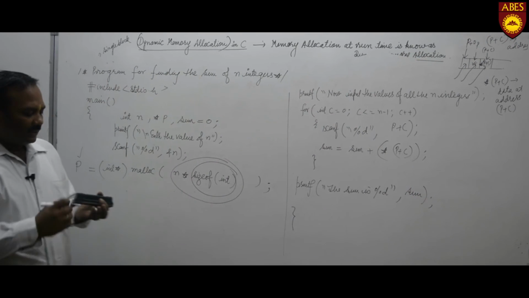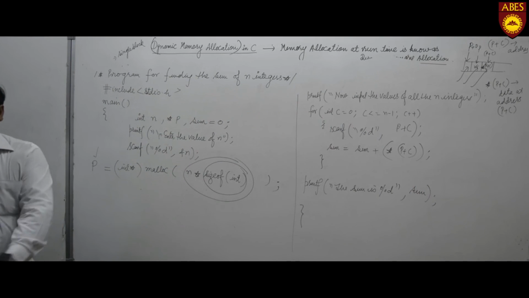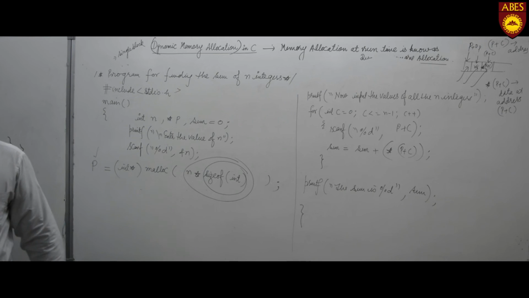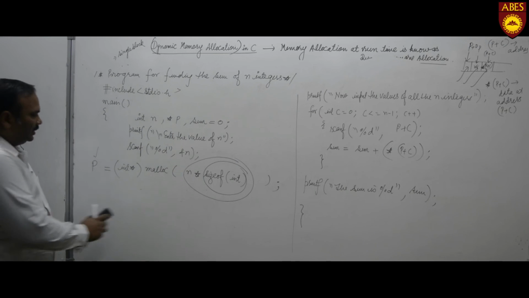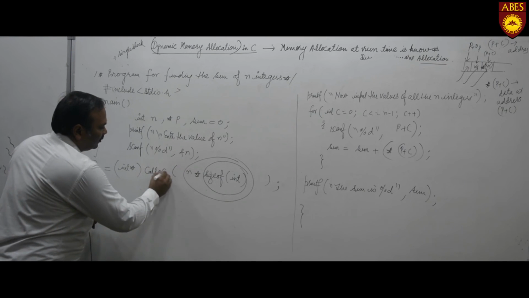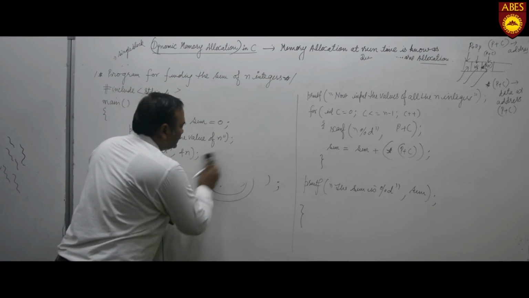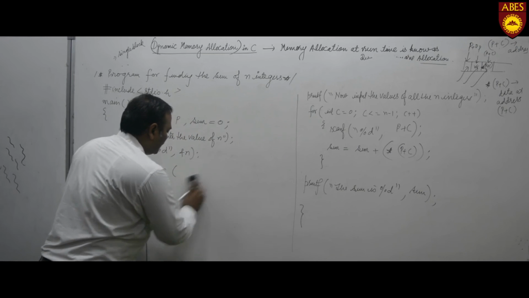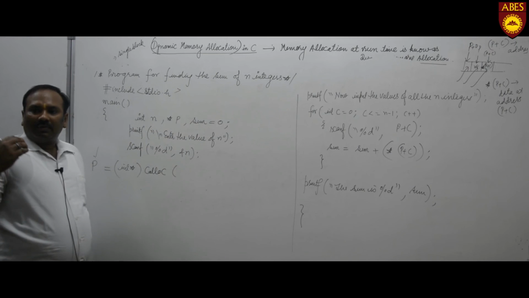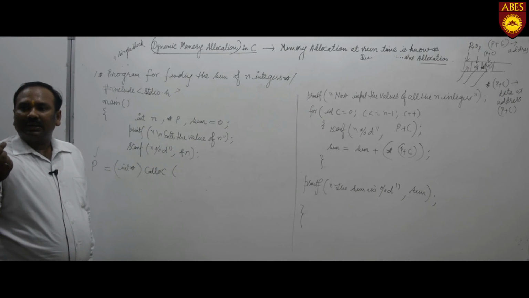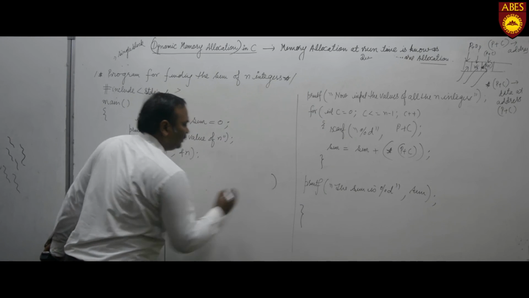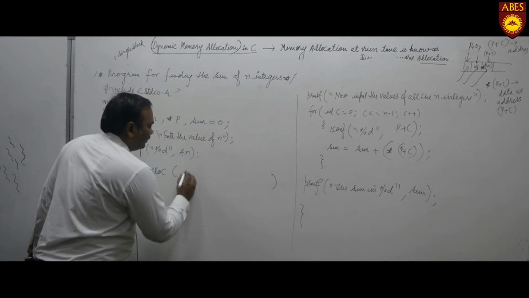So we have seen that we can get memory dynamically as per the demand at execution time. We can also use the calloc function here. In calloc we have to mention the size; here we are finding the sum of n integers. One integer takes maybe 4 bytes or 2 bytes, depending on the system, and there are n integers.